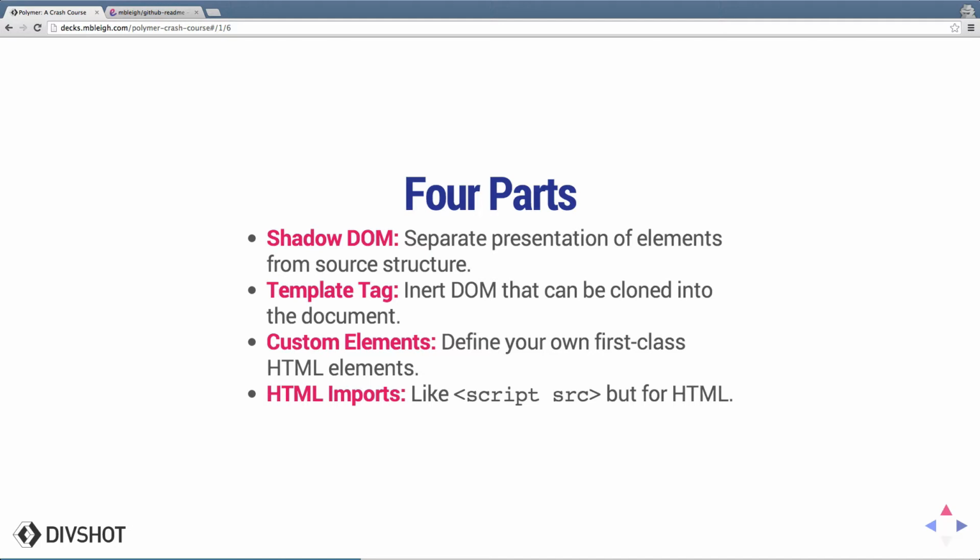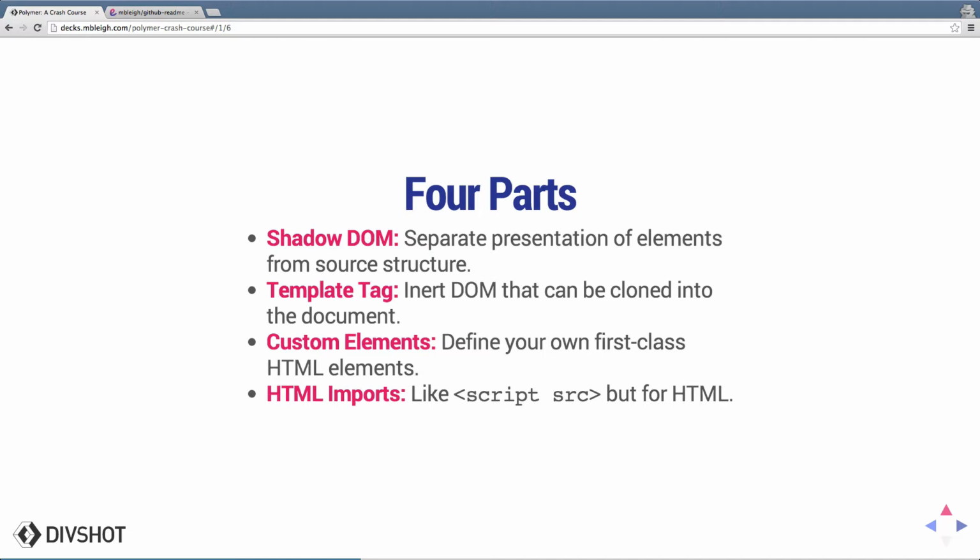They rely on you creating a big JavaScript string and then doing something with that string. What the template tag allows you to do is have a template that doesn't display in the page, that just exists in the page, and you can access it using JavaScript to do whatever you need to do with it. It's a really simple thing that can then be used by libraries to do really complex things.